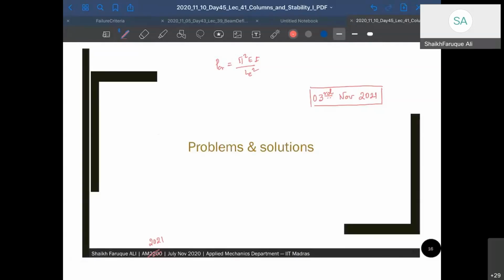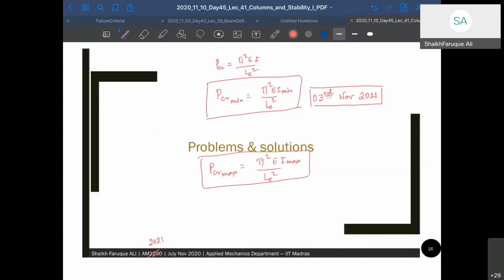So your PCR min is going to be equal to pi square EI min by LE square. You'll get another PCR, which will be PCR max, which will be pi square EI max by LE square.